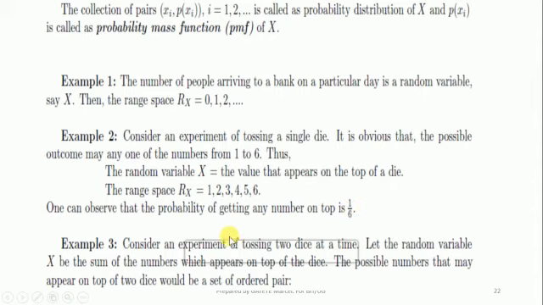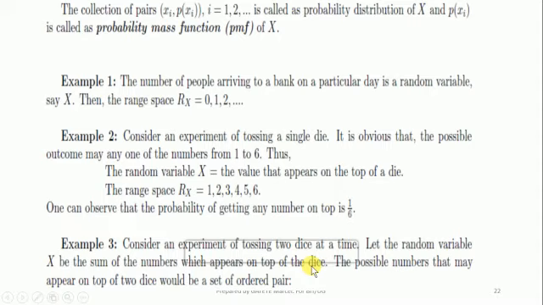But here let's toss 2 dice at a time. If we throw 2 dice in the air at the same time, what will happen? The random variable x will be the sum of the numbers which appear on the top of the dice.